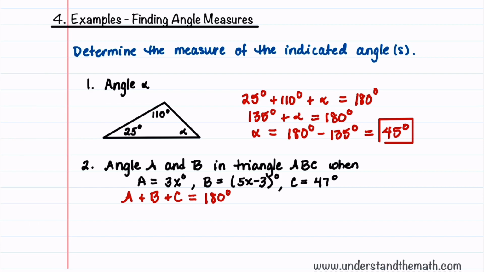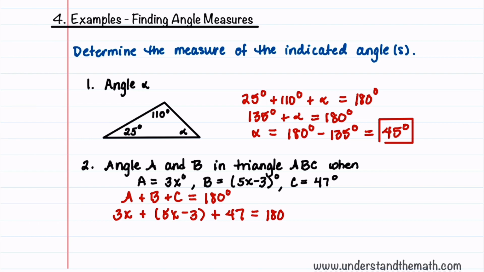Now let's plug in what those angles are. Angle A is 3x. We can leave out the degrees for right now, and we'll put that in at the end. Plus angle B is 5x minus 3. Plus angle C is 47, and that all equals 180 degrees.